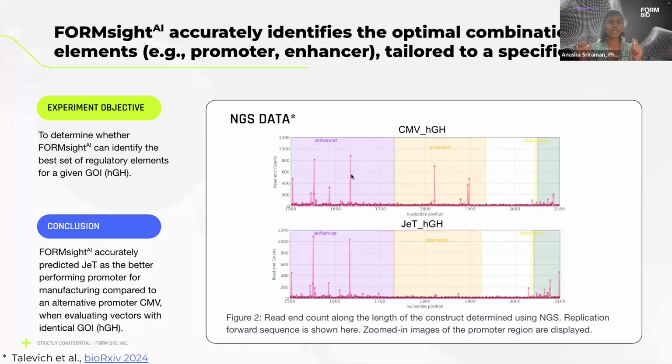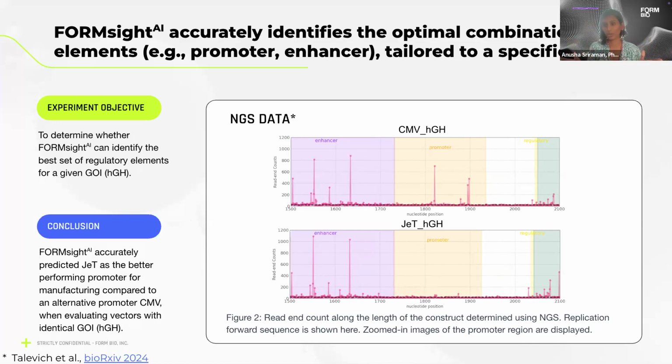What we see here is that in the CMV promoter, there are a lot of these peaks, which indicates that there are a lot of read end counts terminating at those locations. Those are the truncation hotspots. We see a lot of these peaks within the CMV promoter, indicating that there's a lot of termination taking place at these locations. When we look at the JET promoter in comparison, these peaks are absent, indicating that the promoter is not very problematic.